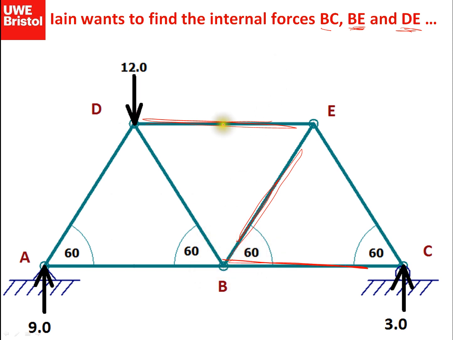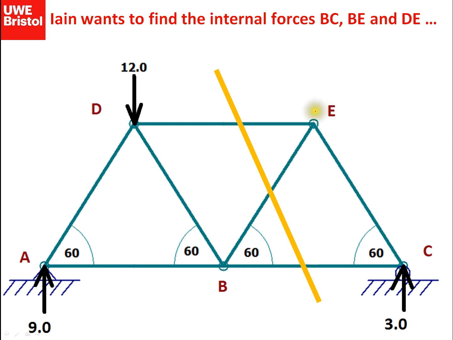So when you've shaded them in a little bit, you can see where I'm going to take my cut. I'm going to cut it through there, yeah? So we'll cut it through those 3 members, and then that will give us the members that we're looking for.